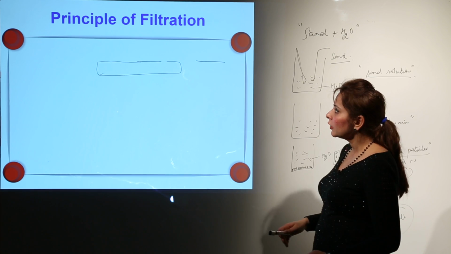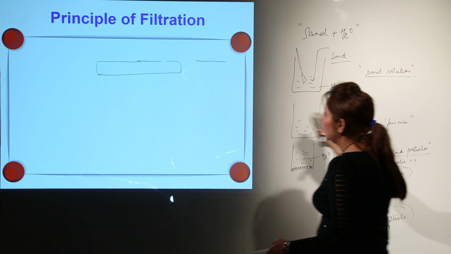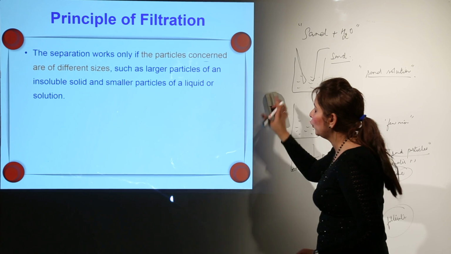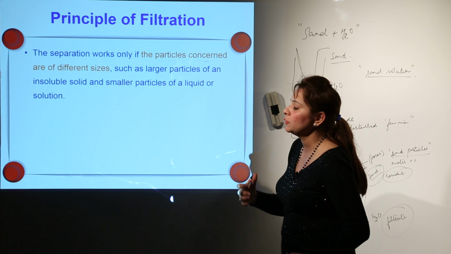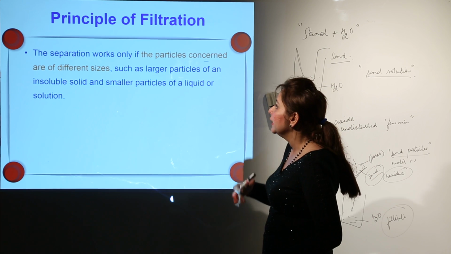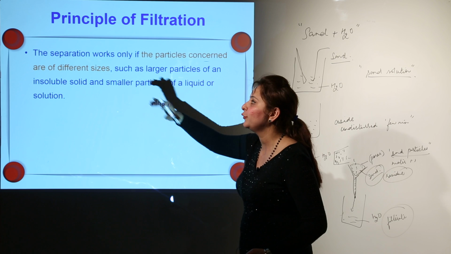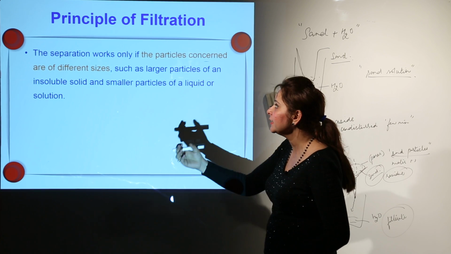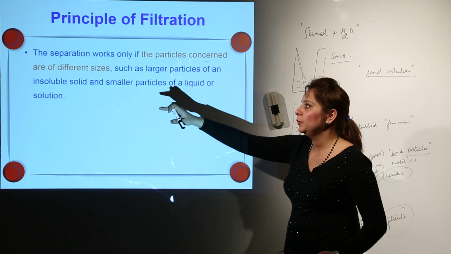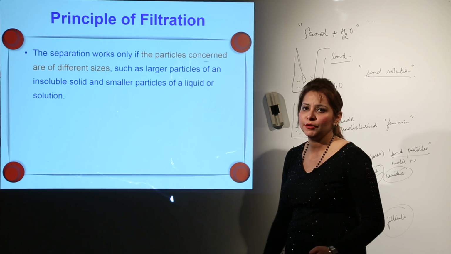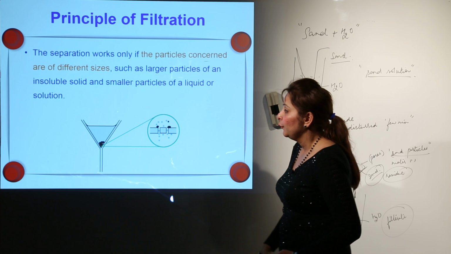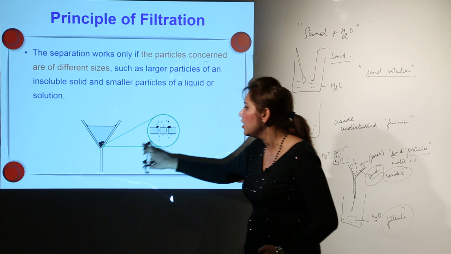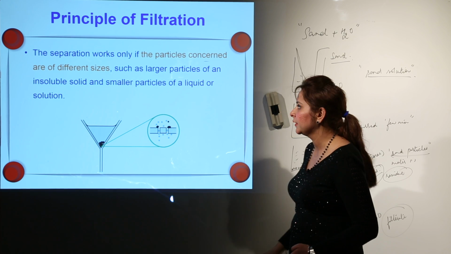So we conclude what was actually happening, or what the principle behind it is. The principle is that the particles are of different sizes. Some are bigger, some are smaller. In this case, the larger particles of the insoluble solid and the smaller particles of the liquid were present in the solution, and the bigger ones get stopped by the pores of the filter paper, and the smaller ones pass through, right?